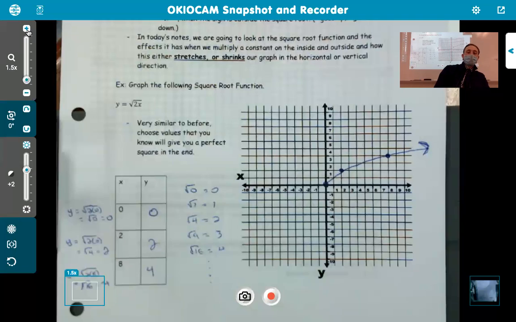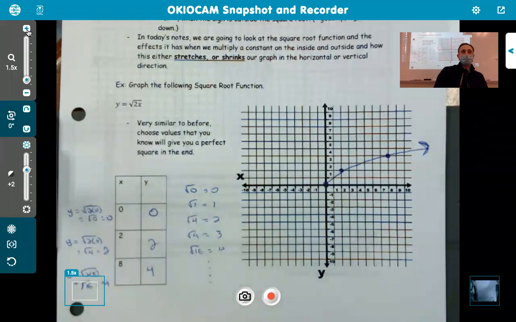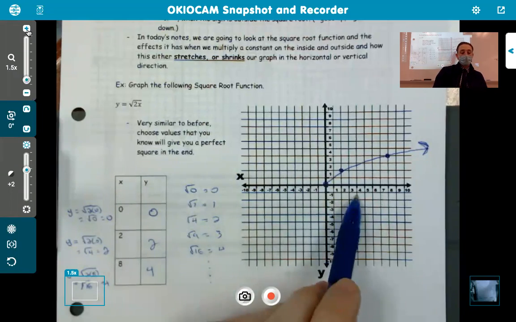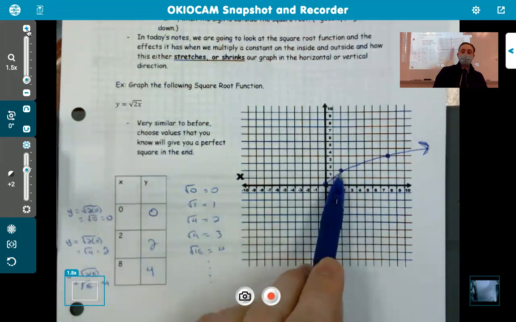Well, it might not seem like there's much of a difference between our original square root function and the one that we just drew. However, think about just the square root of x, right? And some of the perfect squares that we've discussed. What's the square root of 4? 2. So when I plug in 4, my y value should be up at 2. Notice that when I plug in 2, my y value is up at 2.